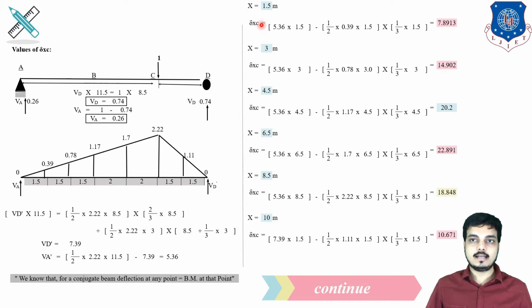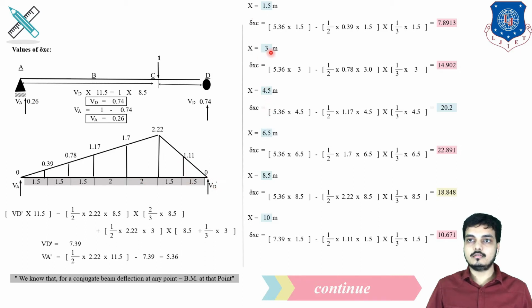So we will be finding delta XC at distance 1.5, which is nothing but VA dash multiplied by 1.5. So VA dash is nothing but 5.36 multiplied by 1.5 minus this triangle area into CG. So 1/2 base into height multiplied by 1/3 of 1.5. So till the peak load over here, we will be using VA dash, and for this point we will be using VD dash.